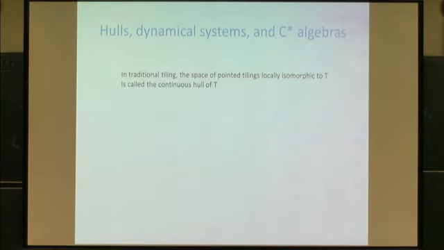Now, if you go back to the traditional case, we have things that we're trying to emulate, but we're not there yet. First of all, in the traditional case, you get to look at pointed tilings. That is, you get to identify a point in a tile, sort of like a base point. We have a base tile, fine, in the combinatorics, but you need a geometric base point, because then you can slide a tiling, and so you can think of moving that base point around to get a family of tilings.